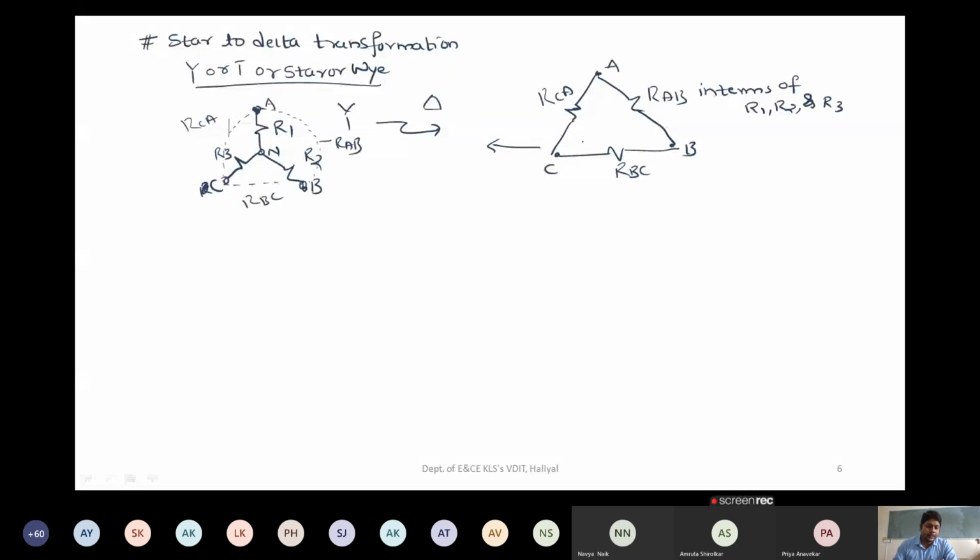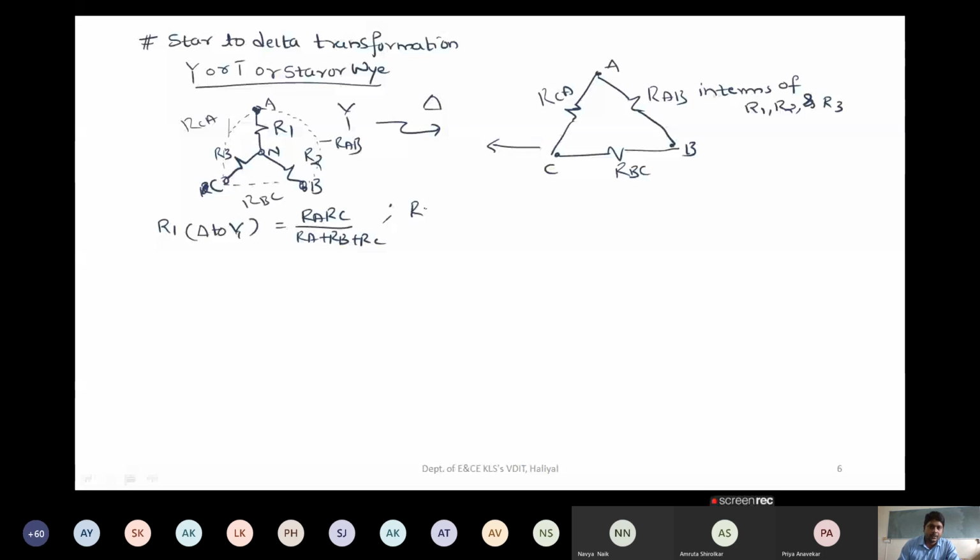But before that, first let us calculate R1. From the delta to Y transformation we already know R1 is RA RC divided by RA plus RB plus RC.